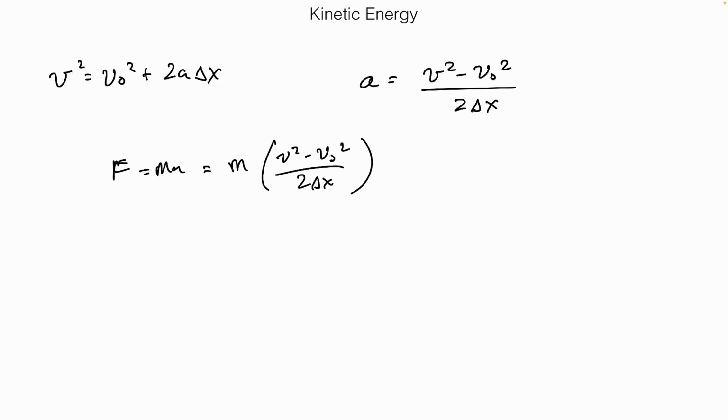And I'm going to multiply both sides by delta x now. So what do I end up with? The 2 delta x cancels, and I end up with a force times a distance equals 1/2 m v squared minus 1/2 m v naught squared.